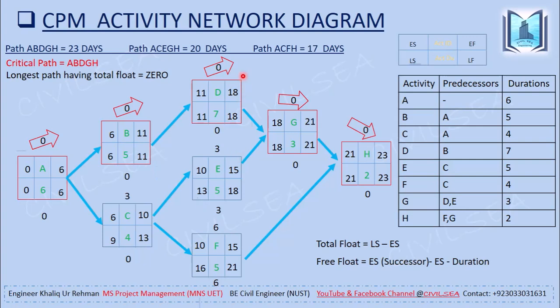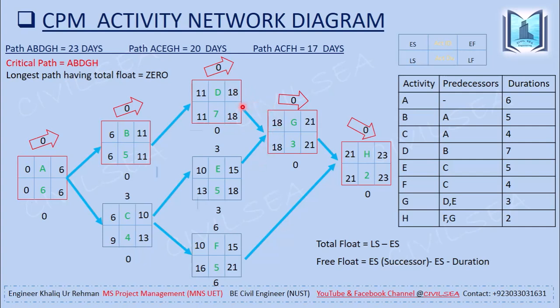So there are two early finishes, D and E. The early finish of D is 18 and the early finish for activity E is 15. Out of these two, whichever value is greater, we will move forward.